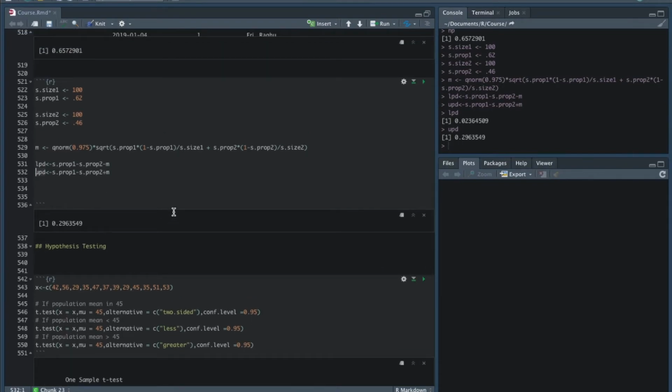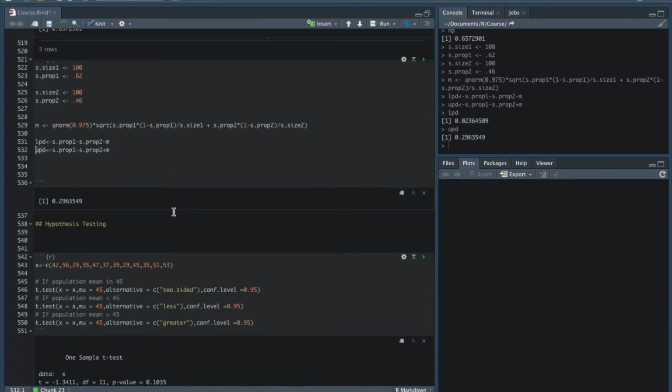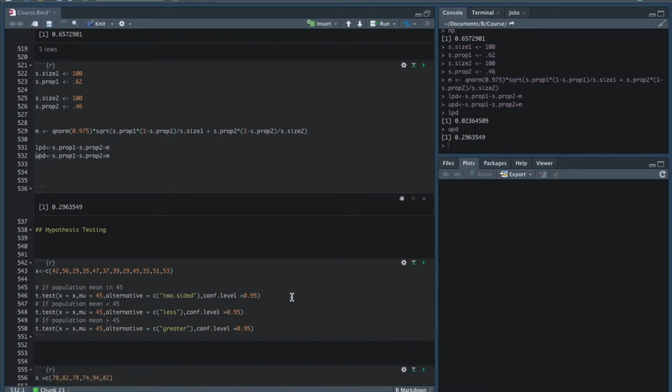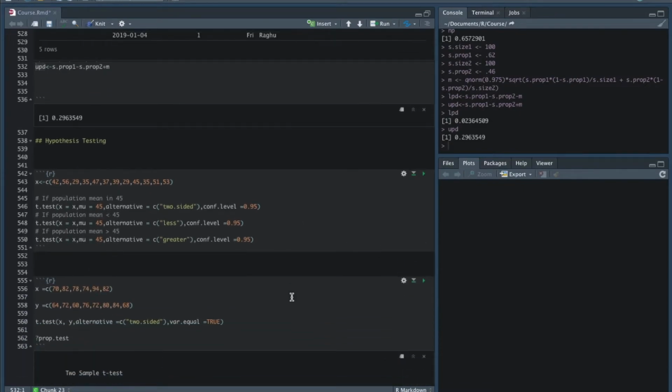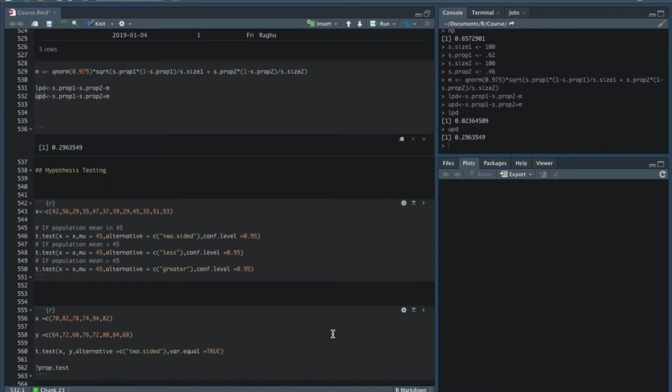Alright, now let us come to hypothesis testing. Let us say we have a sample where we have certain values as shown here, and we assign it to variable x.